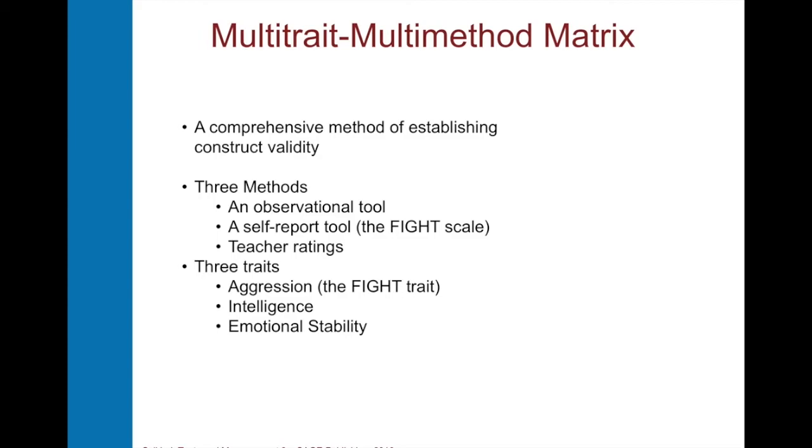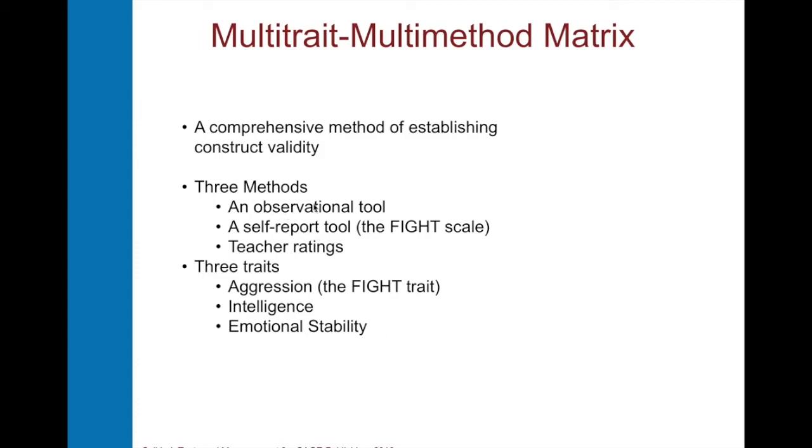So let's say you want to establish the construct validity of the scale that we just talked about. We'll call it the fight scale. You would use a number of different methods and measure a number of different traits to help us parse out the variability that may be coming from sharing the same method or sharing the same trait. So let's say for this example, we use three methods.